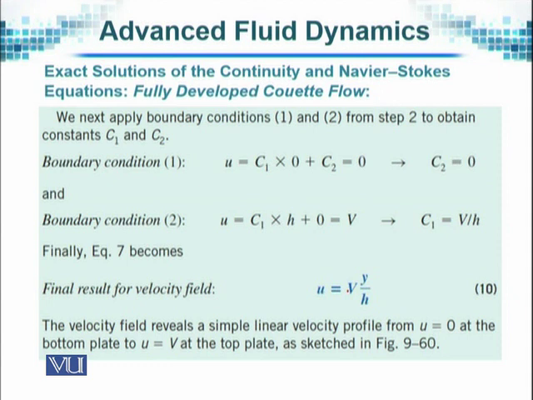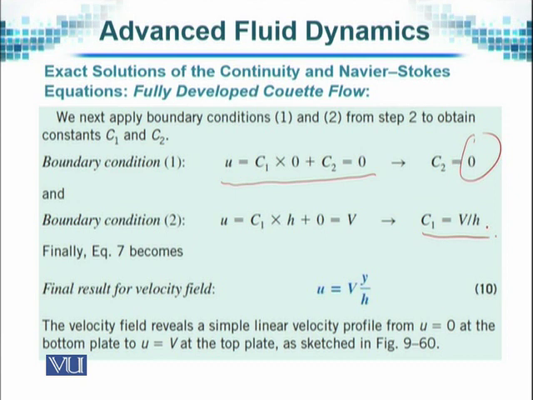When we substitute the boundary conditions, the value of C2 is equal to 0, and the value of C1 turns out to be V over h.